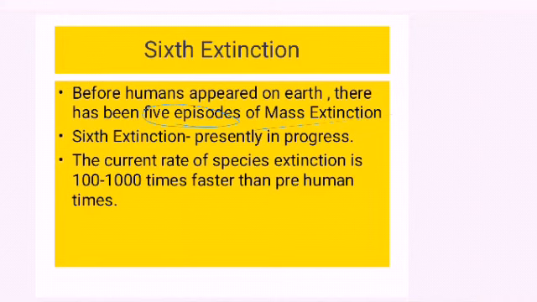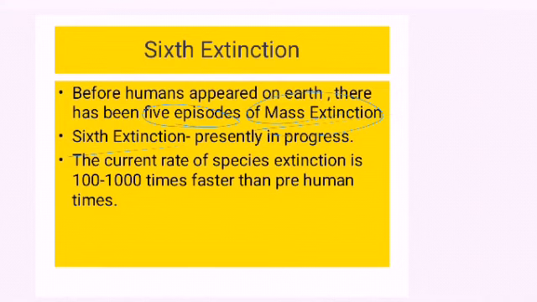In a particular area where they were living, some natural disaster led to the extinction of those species. Mass means a huge number, all of a sudden. We call it mass extinction. Five episodes were over before humans came. After humans came, the sixth extinction has started.